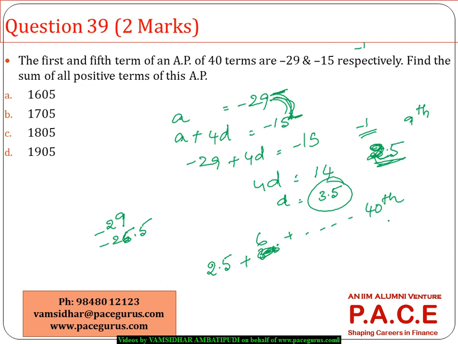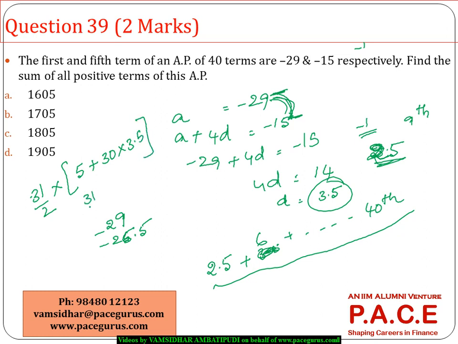So if I am adding up all these, there are 31 such terms, because from the 10th term we are actually looking at a common difference of 3.5. So n by 2 into 2A, 2A is 5, plus n minus 1, 30, into D, 3.5. So overall we are saying 31 by 2 into 5 plus 30 into 3.5, 90 and 105. 105 plus 5, 110. 110 by 2 into 31.